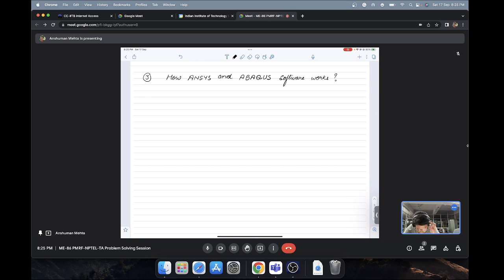So let me write down. We provide the mathematical model, then we mesh it. Mesh is nothing but discretization.